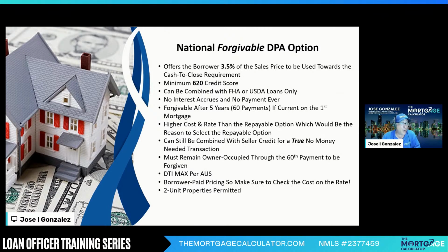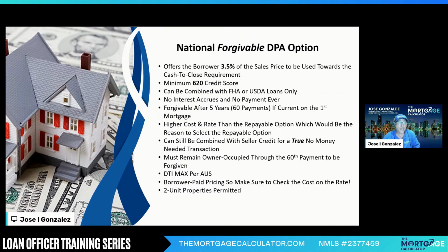Minimum 620 score for this option. The forgivable option does have the lowest credit score of both options. The repayable is 660 because the rationale here is that the borrower who's looking for the forgivable option is really not going to be so much concerned with the rate, really needs the assistance.